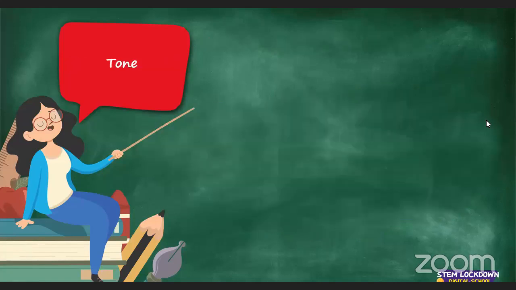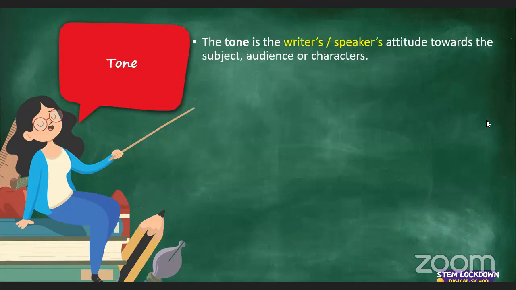All right, if you were on our lesson last week, we said the tone is the writer or the speaker's attitude towards the subject, audience, or characters. So when you are looking for the tone of the poem, you look at the writer or the speaker's attitude towards the subject, audience, or characters.